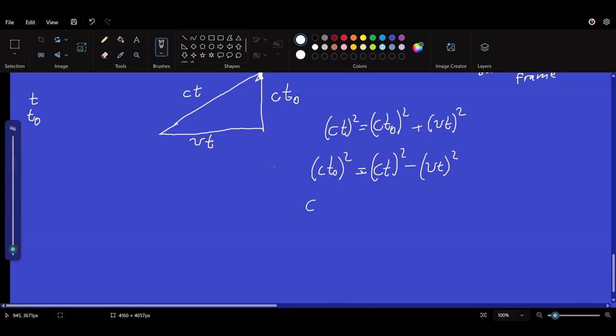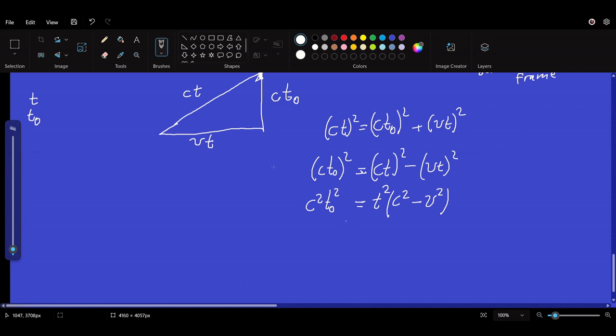At this moment, we will recognize that this is c squared, not t naught squared, will be equal to, here we can remove the common factors, that is t. We can do it at this moment. Let's see what happens if we remove t. We will be left with the speed of light, and now this is t squared, mind you. This is c squared minus v squared, and then t squared has gone out squared.